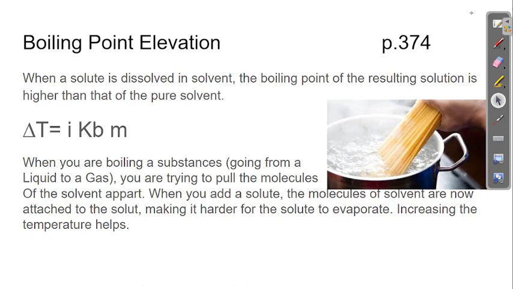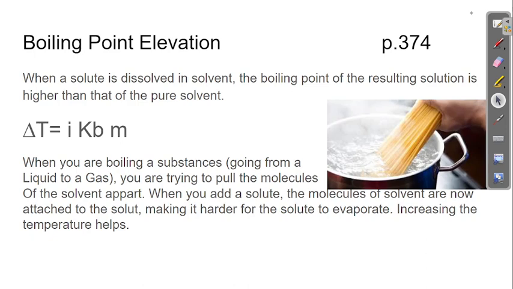So temperatures decrease for freezing, temperatures increase when boiling when you add a solute. So adding a solute changes both the freezing point and the boiling point of the solvent. Freezing point goes down, boiling point goes up.